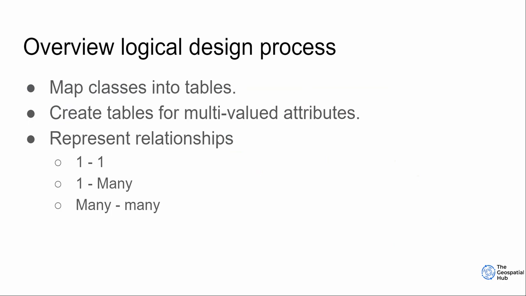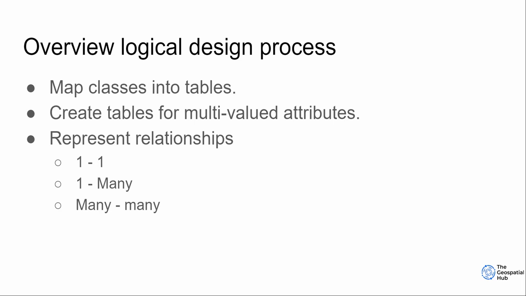So let us look at the overview of the logical design process. The first thing we have to do is to map our classes, that is our entities, into tables. After we've done that, we have to create tables for multi-valued attributes.